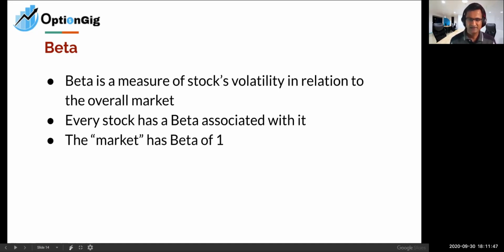let's say in the US, we could consider any index which is representative of the market. The pretty standard one is the S&P 500, because that has got stocks from all the 11 sectors of the market. So S&P 500 has got a beta of 1.